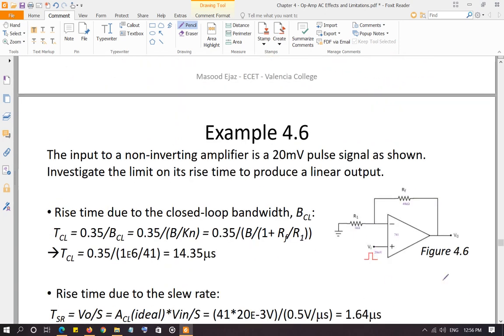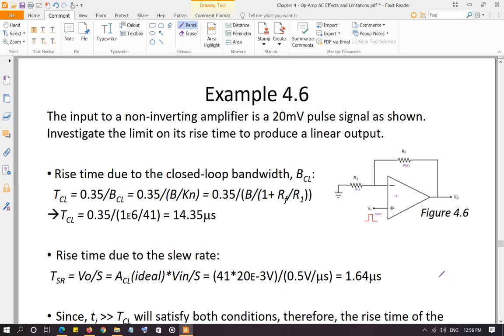Another example in which the input is not a sinusoidal signal, but a pulse signal as shown here, and the peak value of the input is 20 millivolt. Now you have to determine what will be the lowest value of your input rise time such that the output can follow the input. Two conditions again: Ti has to be quite larger than TCL, and Ti has to be larger than TSR.